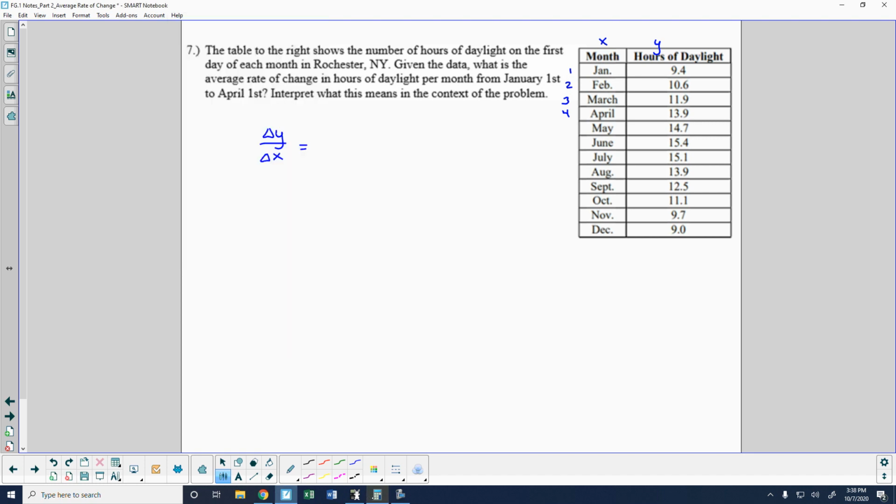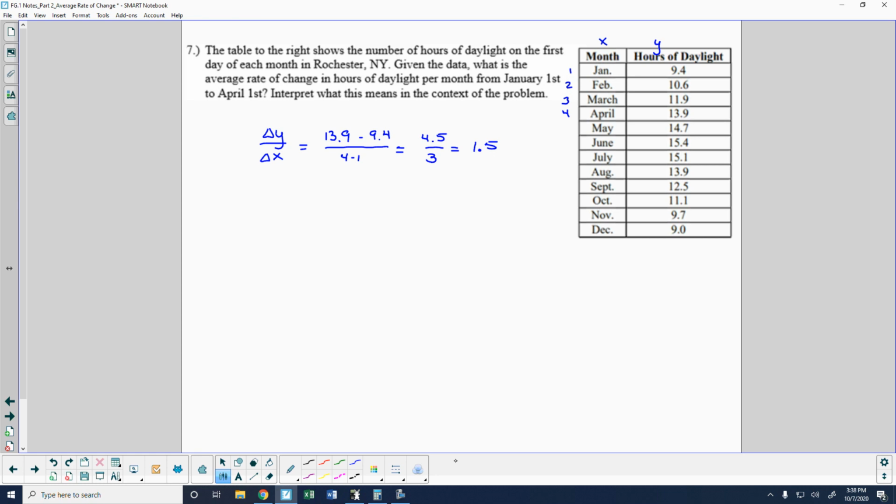I'm going to do 13.9, the average daylight for April, minus 9.4, the average hours of daylight for January 1st, over 4 minus 1. As I simplify that, I get 4.5 over 3, and 4.5 over 3 is 1.5. So the average rate of change is 1.5.